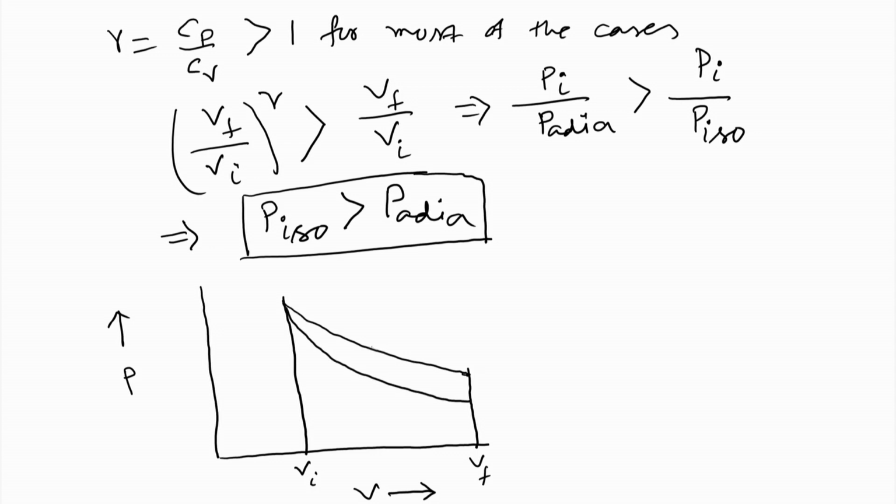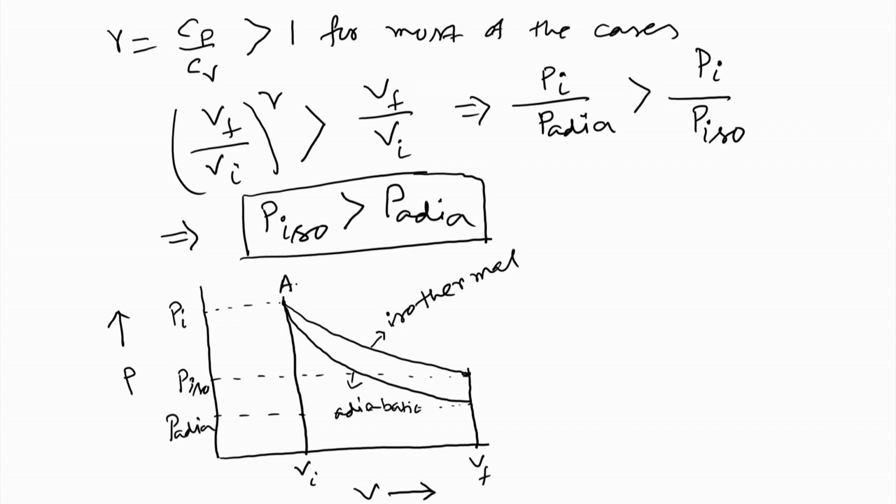So, this is for isothermal process, and this one is for adiabatic process. This is our initial pressure, this is Pi, this is our P iso, and this is our P adia.